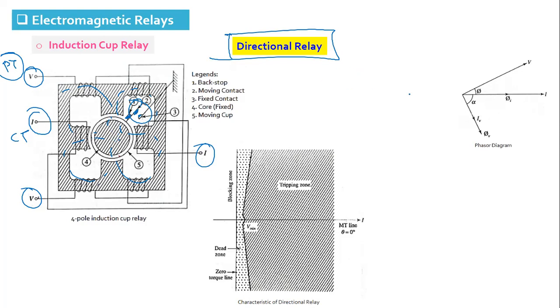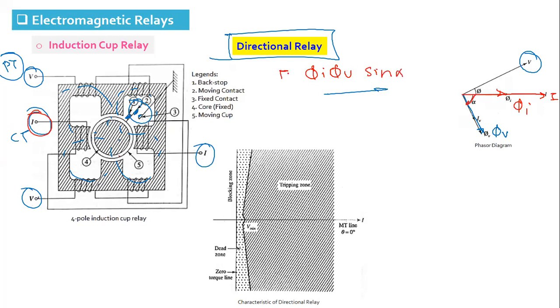In this case, the flux developed by the voltage coil, which is fed from the PT, will lag V by 90 degrees. The current coil develops flux in the core which is in phase with the current of the current coil. There are two fluxes, phi I and phi V, and the angle between them is alpha.